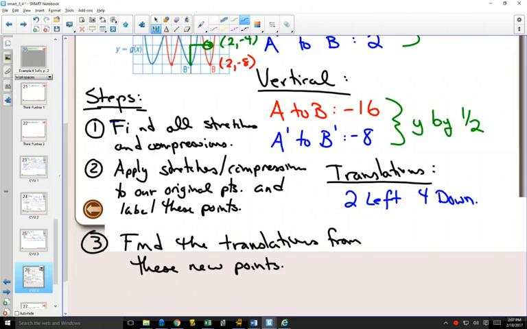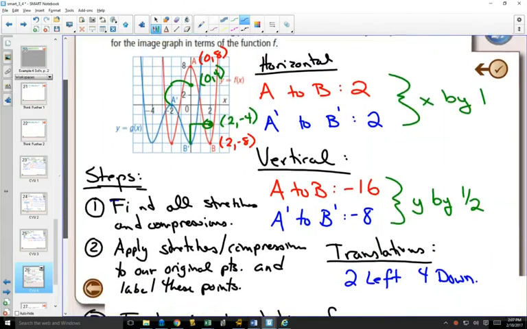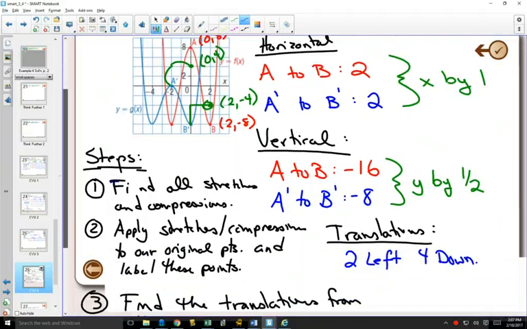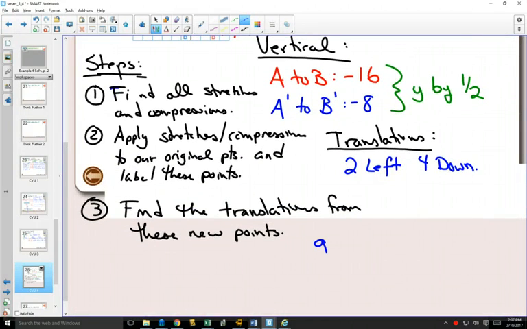We can now write an equation for our blue graph in terms of the function f. And our blue graph is g of x, so I can write g of x equals, there is a vertical stretch, 1/2 f. There is no horizontal stretch or compression because we multiply by 1. But then we need to show 2 to the left, x plus 2, and 4 down, minus 4 at the end.